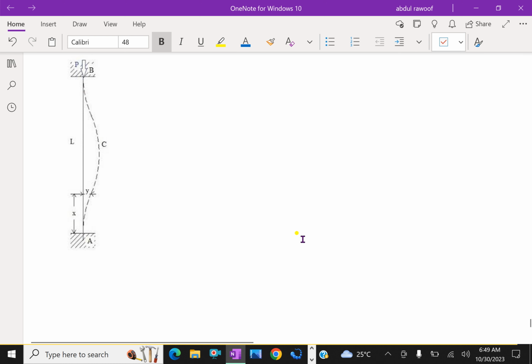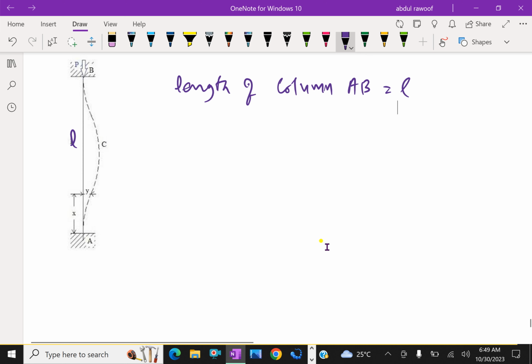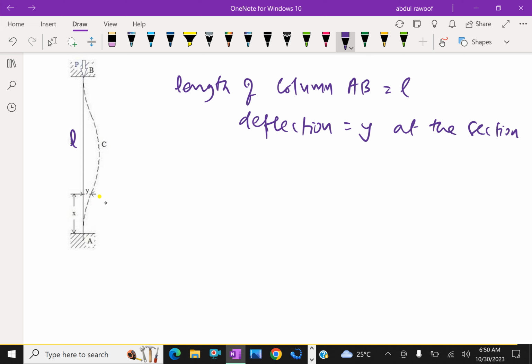Consider a column AB of length L. Length of column AB equal to L. Y equal to deflection, here Y equal to deflection at the section X.